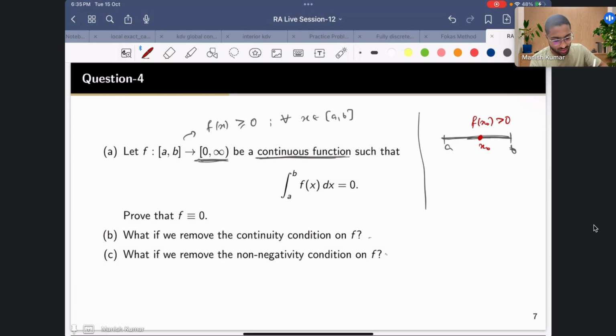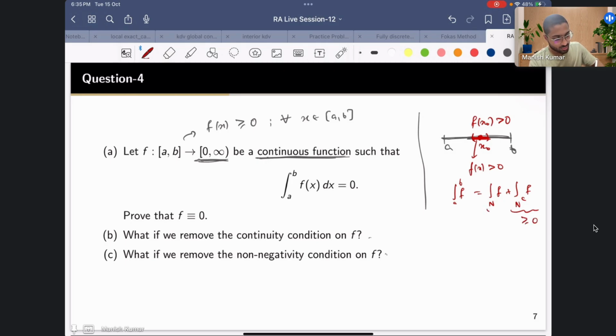Now using continuity, if a function is strictly positive at this point, then there will exist a neighborhood where the function is strictly positive. Then you can write the integral over AB as the integral over this neighborhood N of f plus the integral over the complement of N of f. About the complement you don't care: since the function is greater than or equal to 0, that integral is greater than or equal to 0.